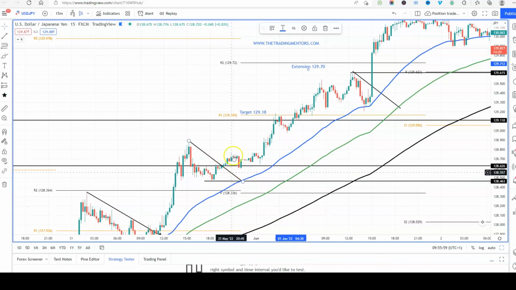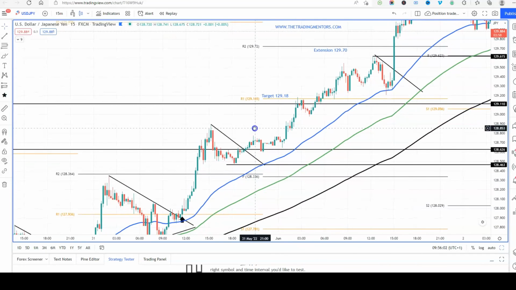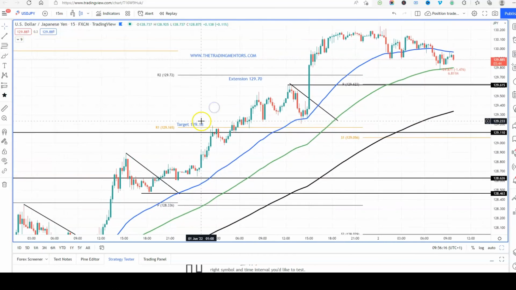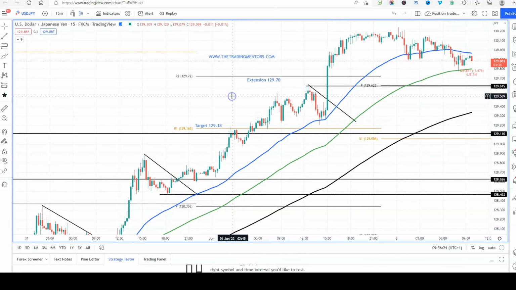So at this point here, once you get a breakout as a day trader, your target of 129.18 has about a 90% chance of being hit. Very, very high. If you go for the extension, in this case it did get hit, but often they go to about here and then go down a bit. But the extension has probably about 60% of being hit.